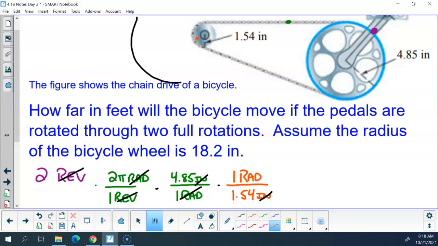Because the wheel and the small sprocket are on the same center axle, they're going to travel the same amount of angle, which I have right now. So all I have to do is multiply by 1 radian is 18.2 inches, and now I have the distance of the bike tire, which is how far the bike would move.